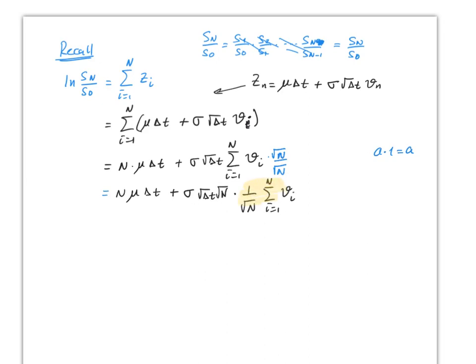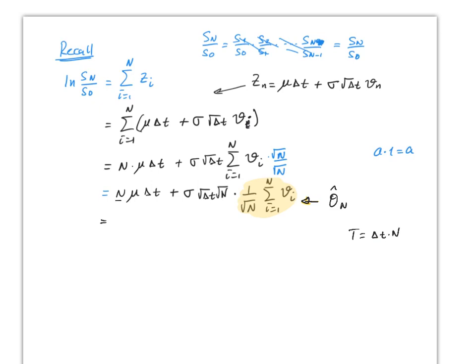But by definition, also from the last page, remember this is what we call this part in yellow. This is what we define to be theta hat of n. And also remember that t is fixed and is defined to be delta t times n.